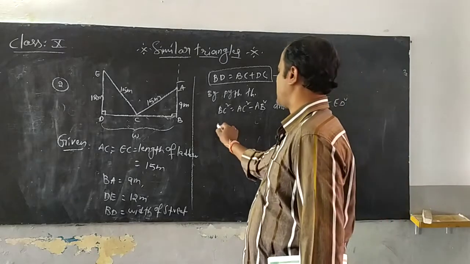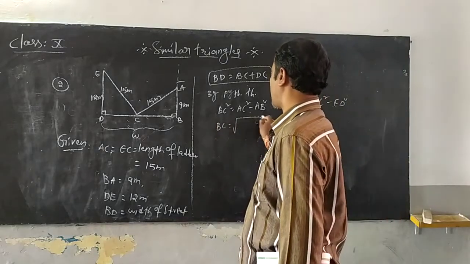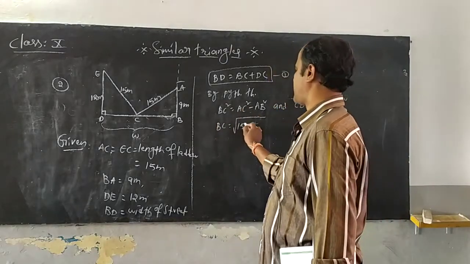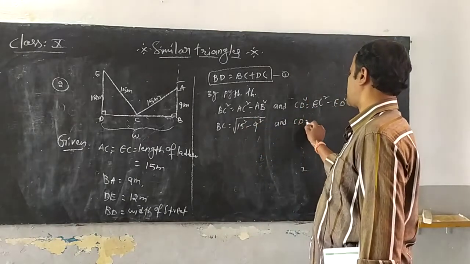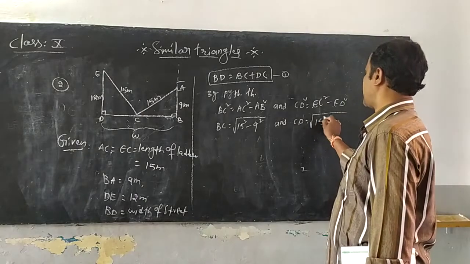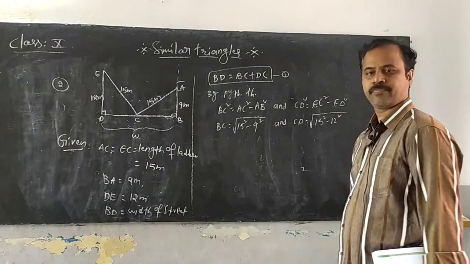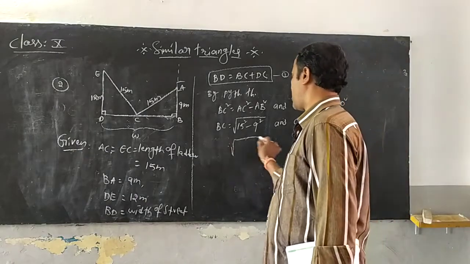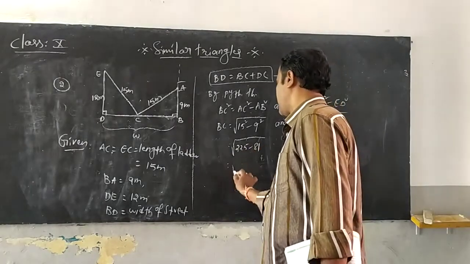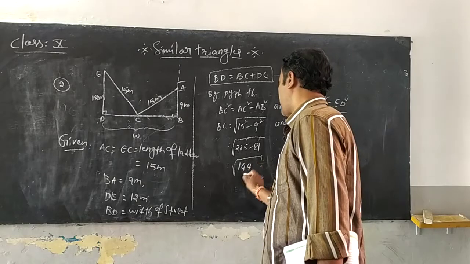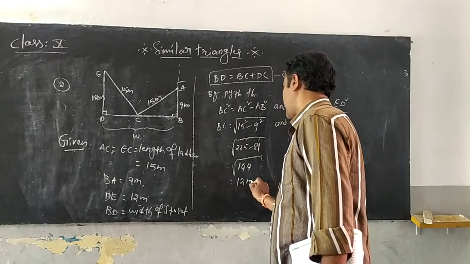So BC is equal to root of AC, which is 15 square minus 9 square, and CD is equal to root of 15 square minus 12 square. You get root of 225 minus 81, which is root 144, which is equal to 12 meters.